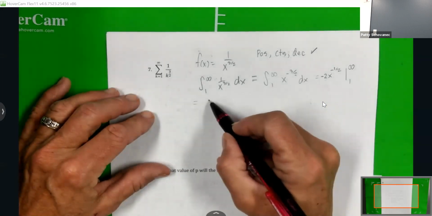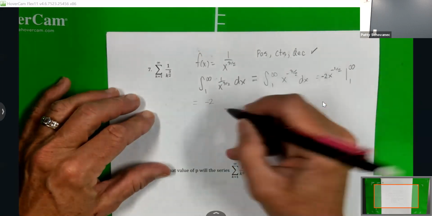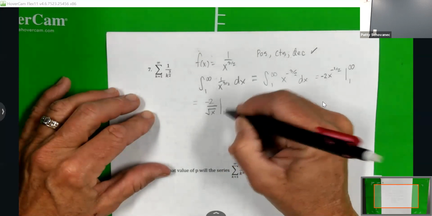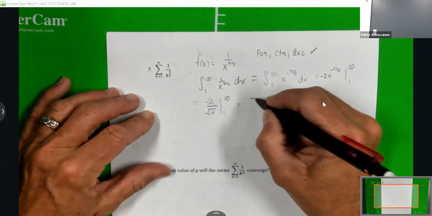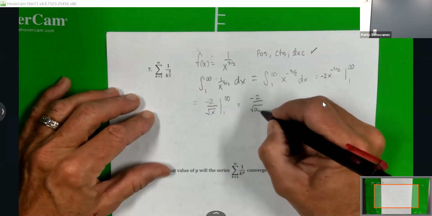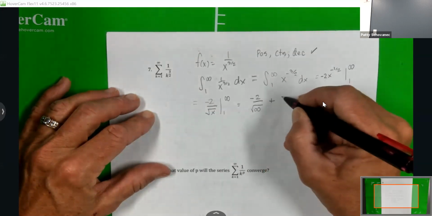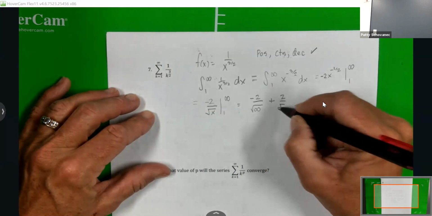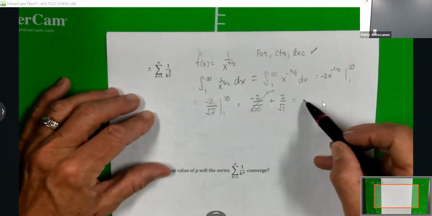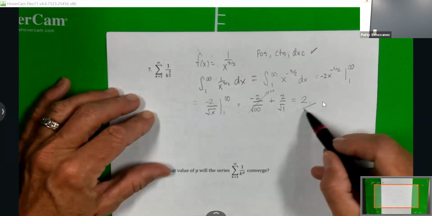So I'm going to rewrite that as negative 2 over the square root of x from 1 to infinity. So I have negative 2 over, say, the square root of infinity. Minus minus gives me plus 2 over the square root of 1. This term's going to go to 0, and so the integral converges to 2.